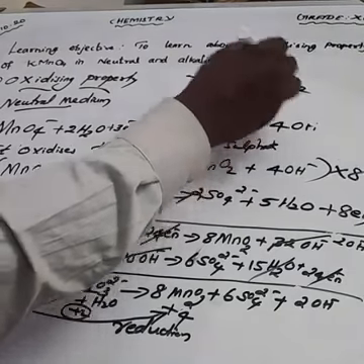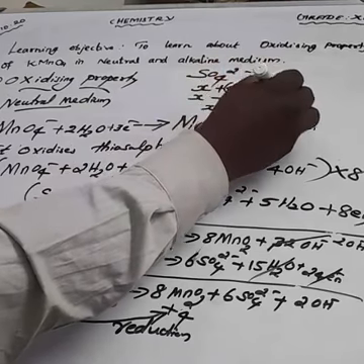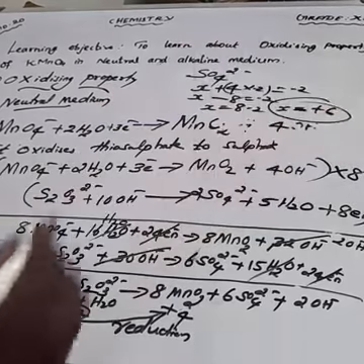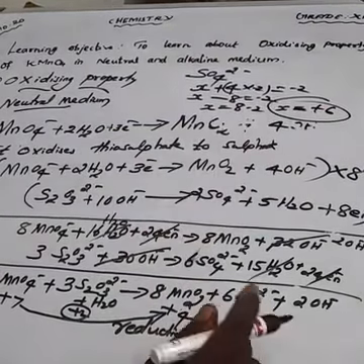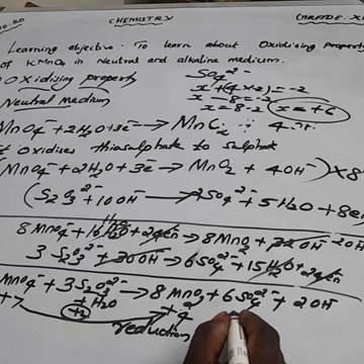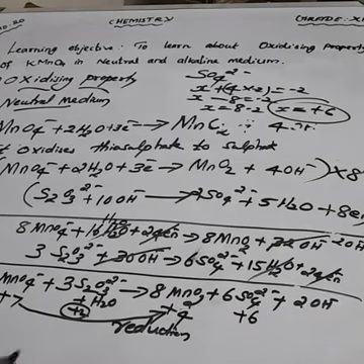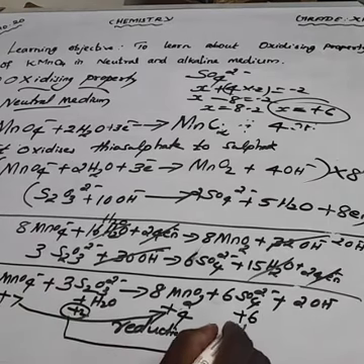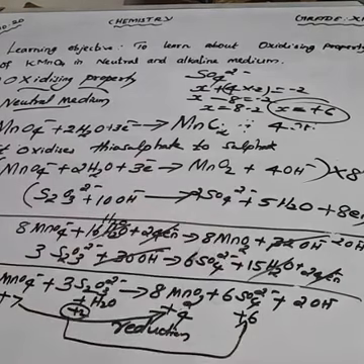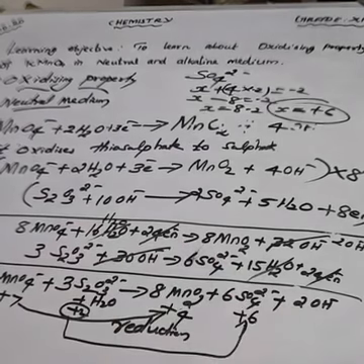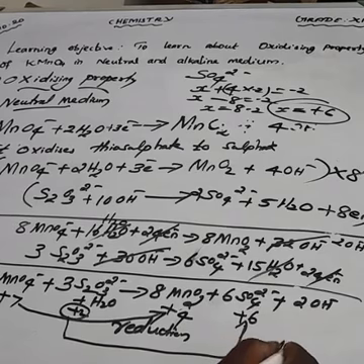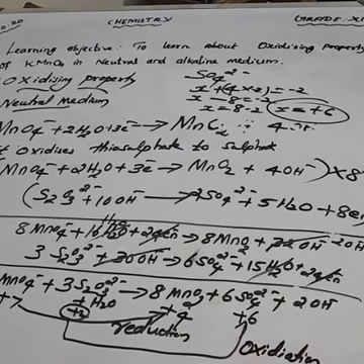X equal to 8 minus 2. X is equal to plus 6. Okay. The oxidation state of sulfur in sulfate is plus 6. Here the oxidation state is increasing, from plus 2 to plus 6. That is increasing. So we are saying oxidation. Clear?